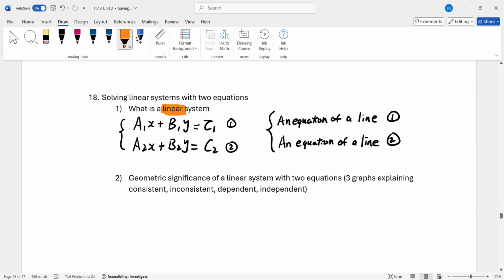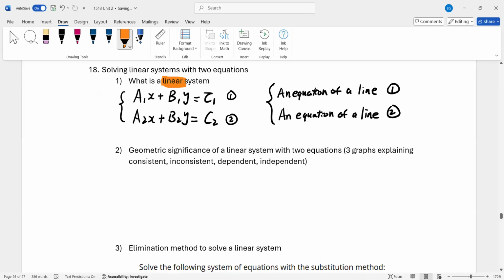All right. So basically, if you see any system with two equations and both equations represent straight lines in a rectangular coordinate system, then that is a linear system. And graphically speaking, we have three types of linear systems. I'm going to show you the three graphs in the second part of this topic.